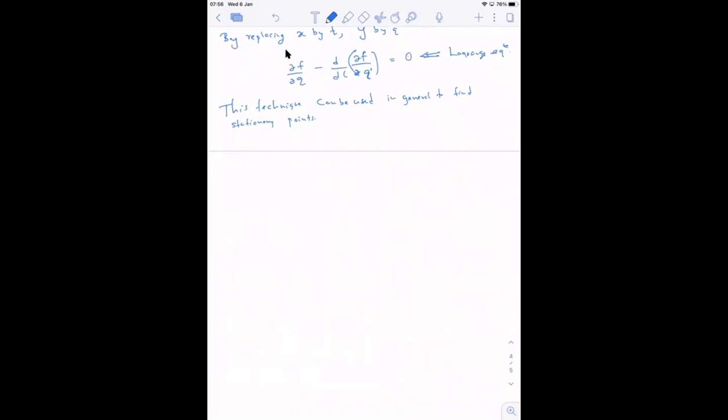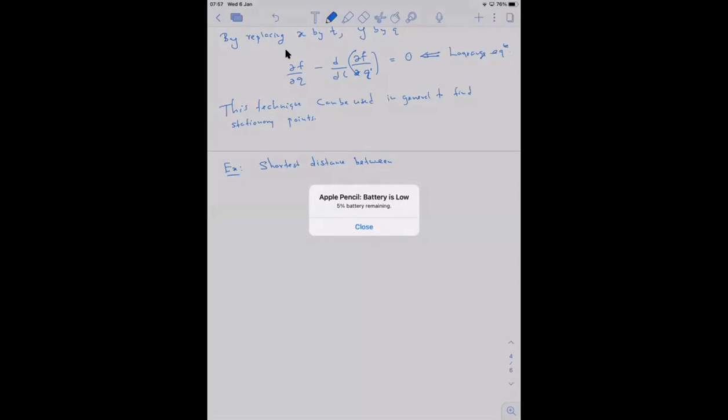Now, for example, let's see whether we can find the shortest distance between 2 points. So this will be an example. So let's say you need to find the shortest distance between 2 points.